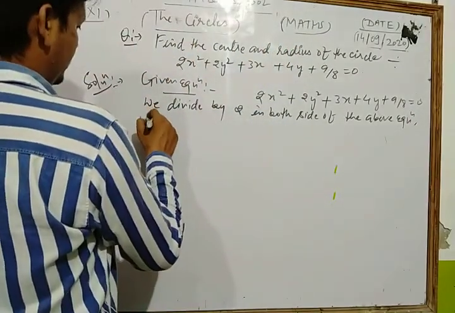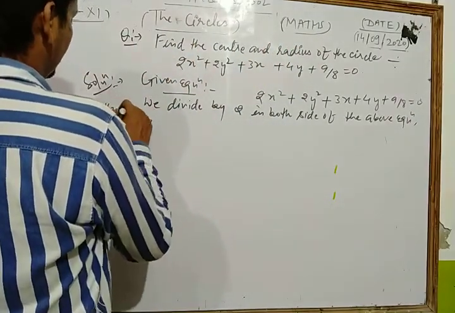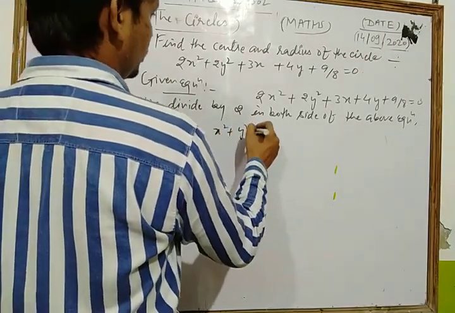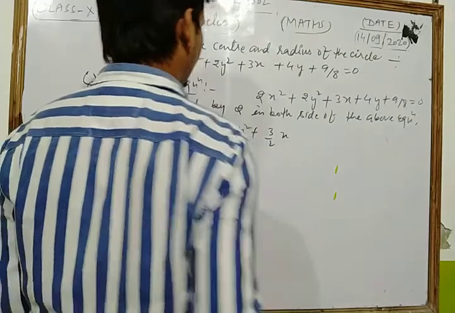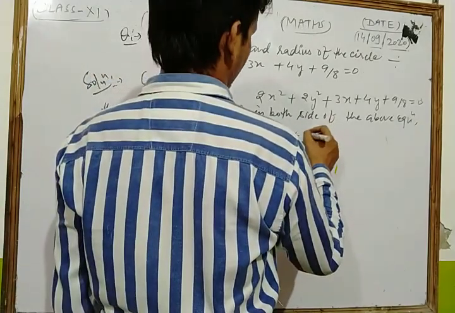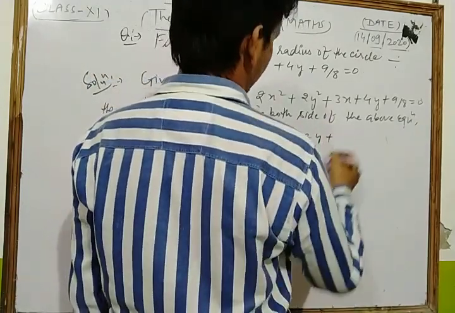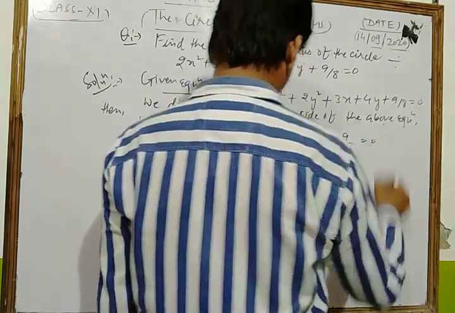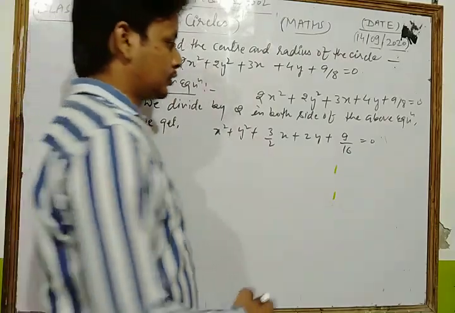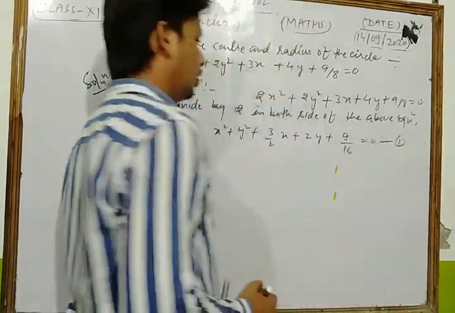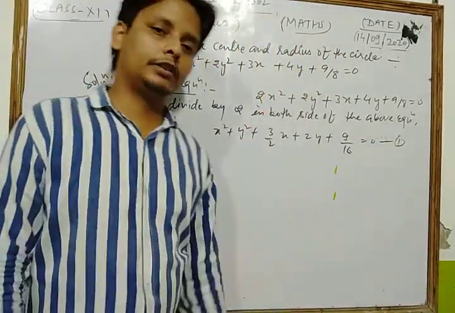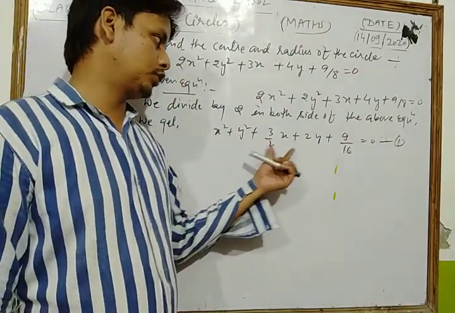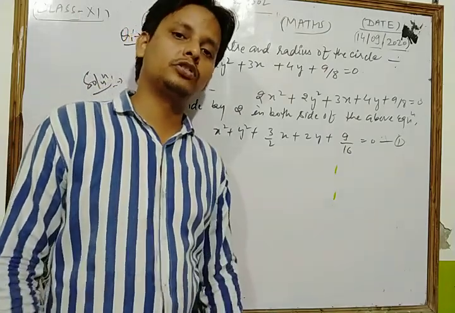We get x² + y² + 3/2 x + 2y + 9/16 = 0. Okay, we take this as equation number 1. Dear student, first we convert the given equation of the circle into the form x² + y² + 3/2 x + 2y + 9/16 = 0.